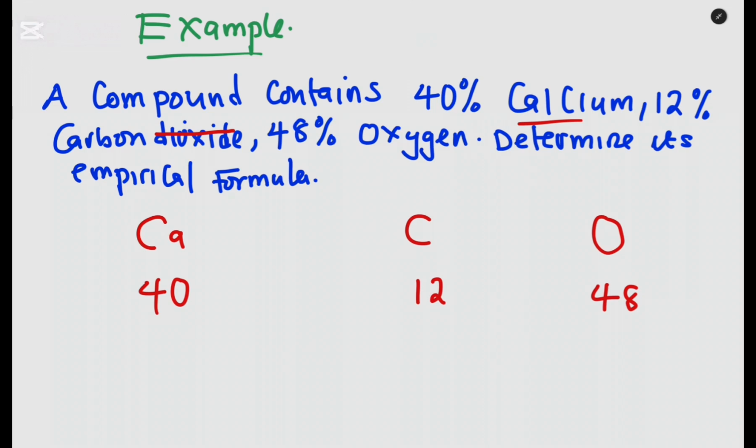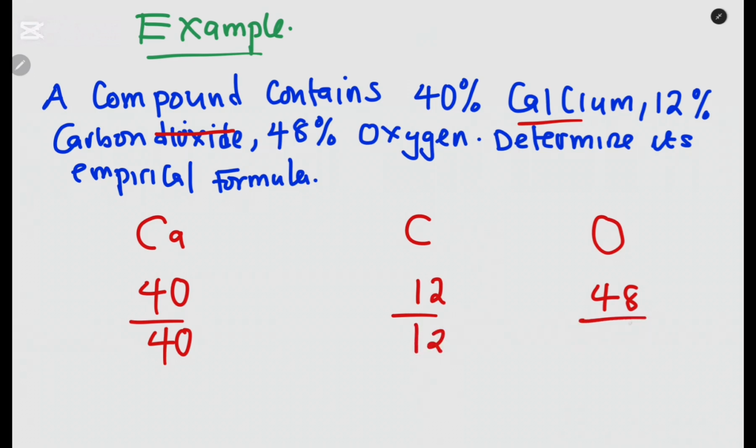In this case, the relative atomic mass of calcium is 40, from the periodic table. Then that of carbon is 12.